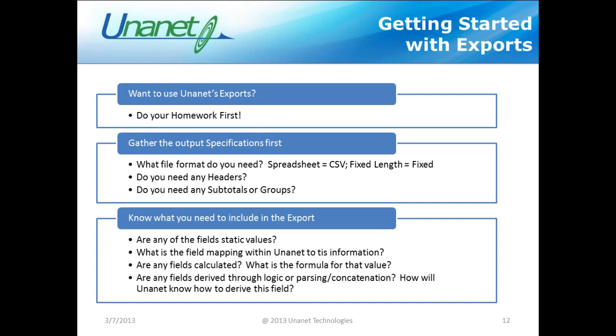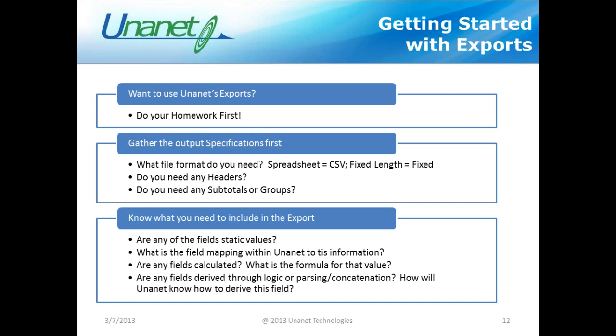And then you'll also need to define what is going to be included in that export. So you'll need to ask if there's any static values that you need to have included in that export. If you have specific field mappings with Unanet information, and what are those field mappings? Are there calculated fields, and what's the formula in order to calculate that field value?